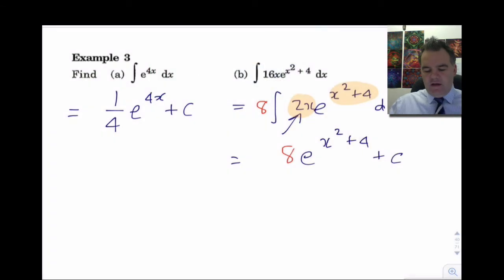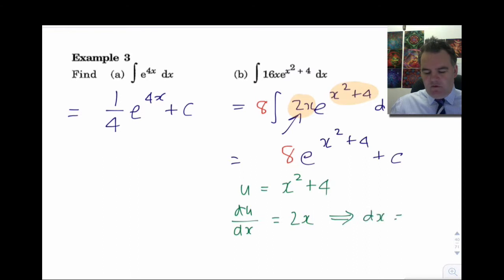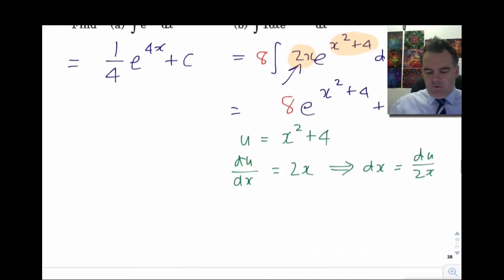The alternative here is to use substitution. If I say u is equal to x squared plus 4, and typically in these examples, if you make the power of e your u, that's the way it works. So du dx in this case is 2x. So rearranging that means dx is going to be du over 2x. So we go back to our integral.